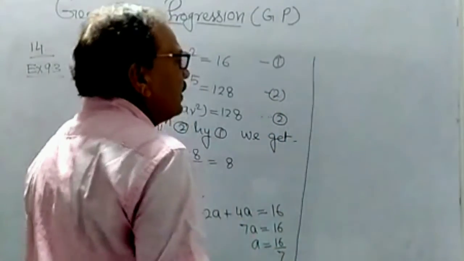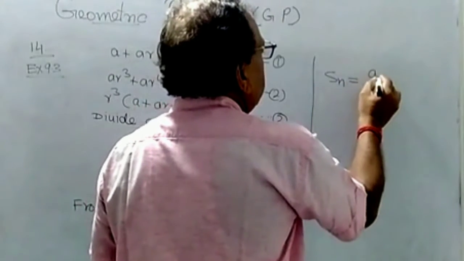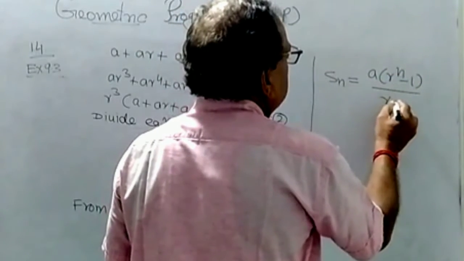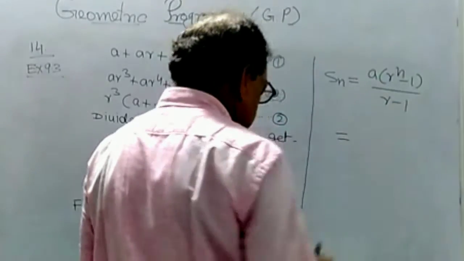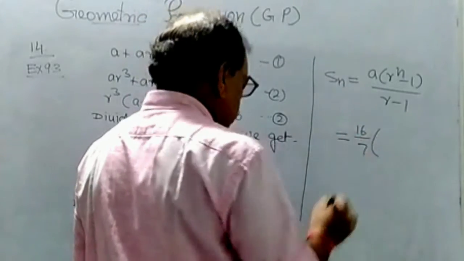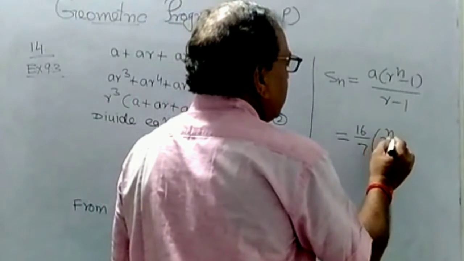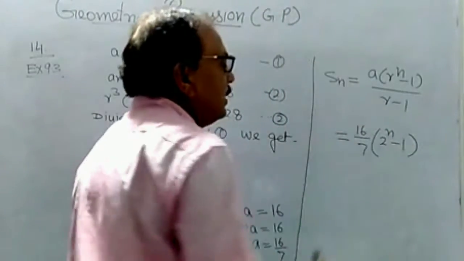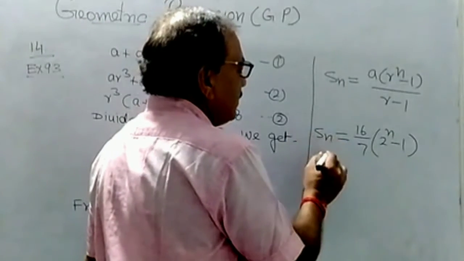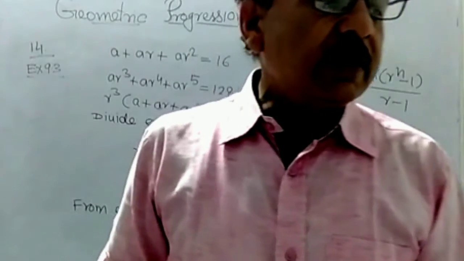The sum of n terms of GP is A times r to the power n minus 1 by r minus 1. Write the value: A is 16 by 7, R is 2. So that is 2 to the power n minus 1 over 2 minus 1, that is 1. So this is the sum of n terms of the GP.